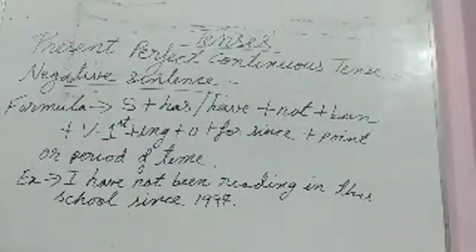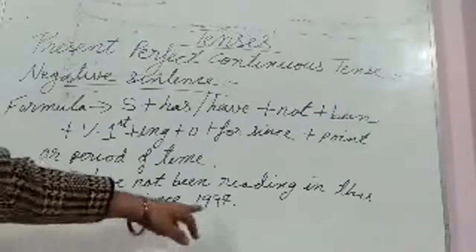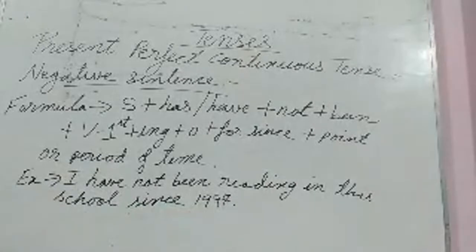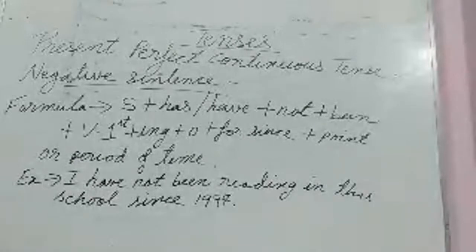Since, as I told you, is the point of time. So here it is indicating clearly 1997, so here we are using since. So I have not been reading in this school since 1997. Let's see the next one.